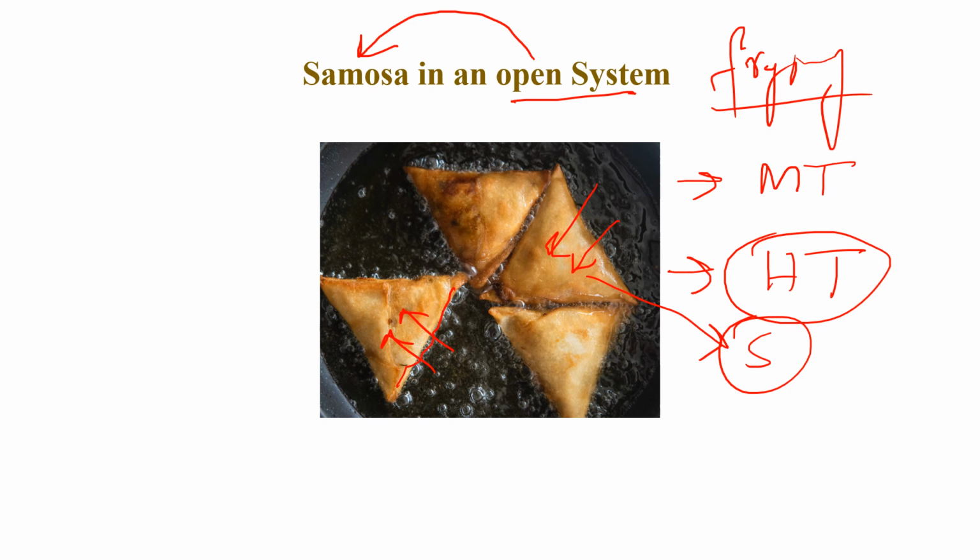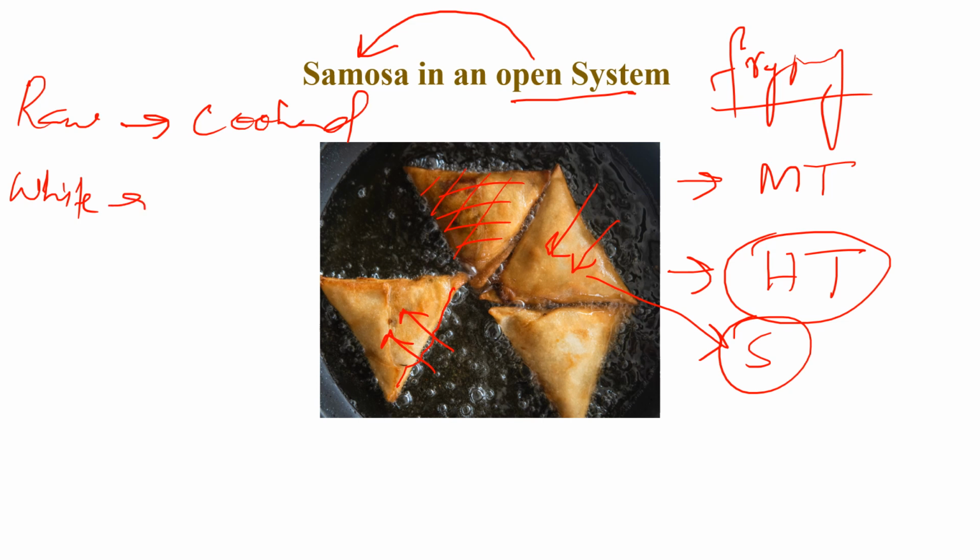Now, why do we want to study this system samosa? Here, our system is samosa, and we want to analyze its energy interactions. Basically, we want to cook a raw samosa into cooked samosa. Basically, we want to change the white color of samosa into the brown, right?